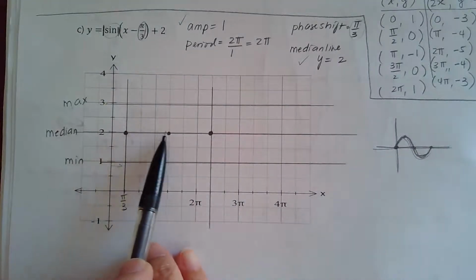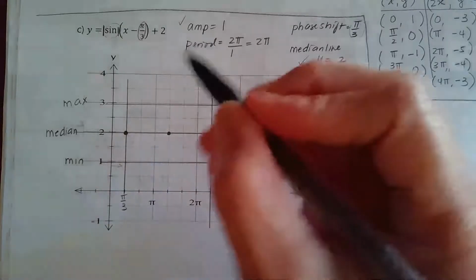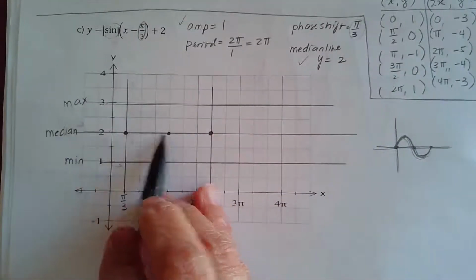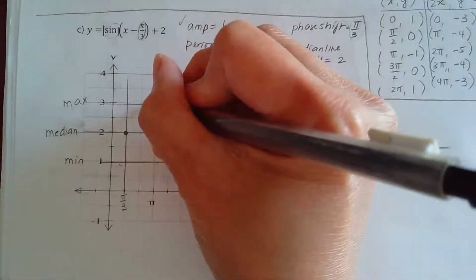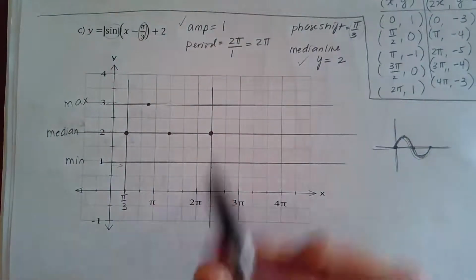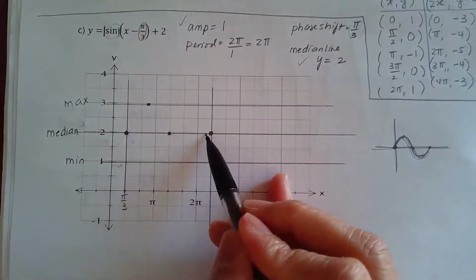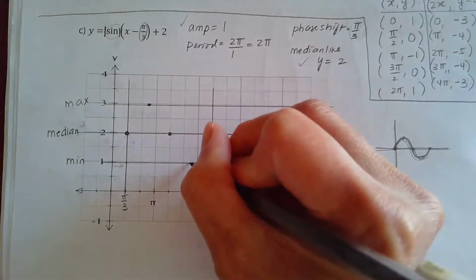In between these two is going to be the maximum. So what's in between these two? We got 3 units here, so it's 1.5 right there. And then in the middle of these 2 points is where our minimum is going to be.